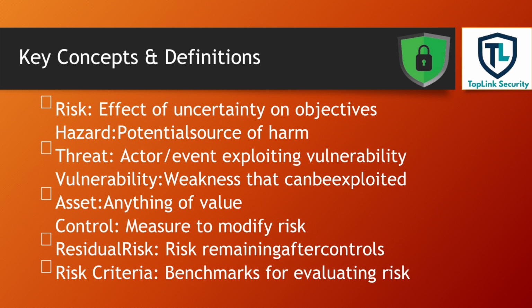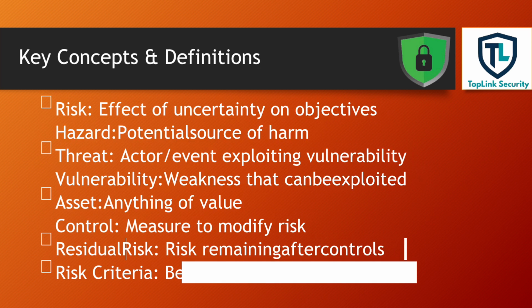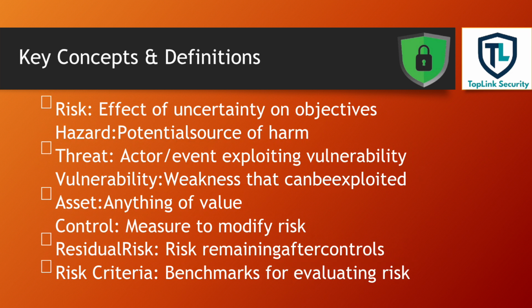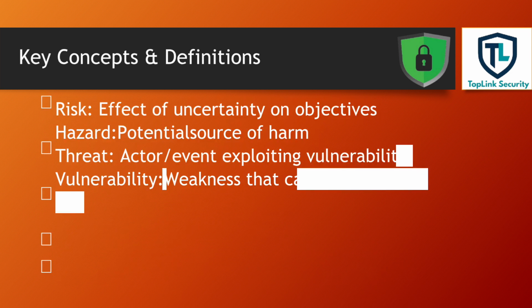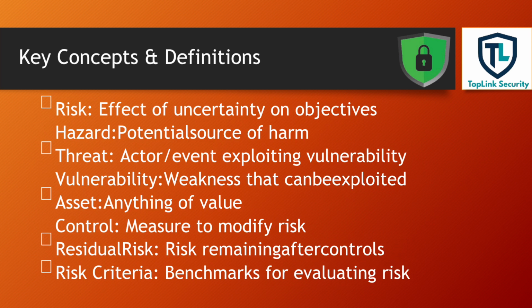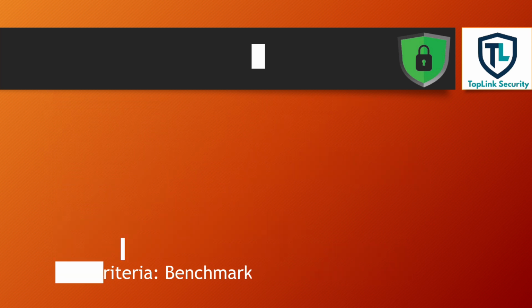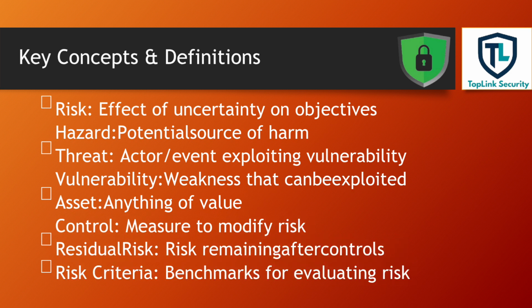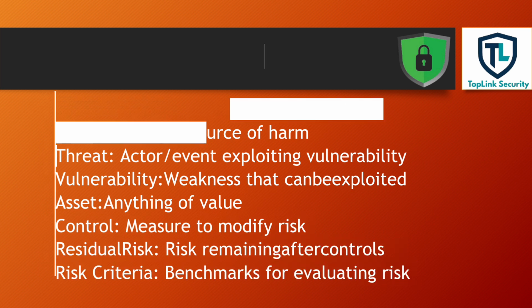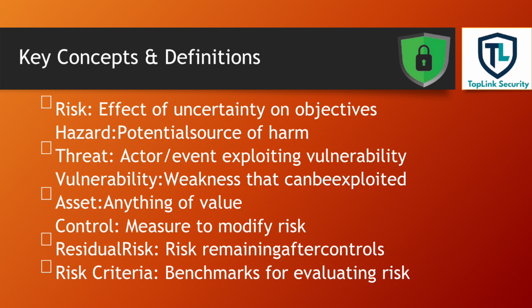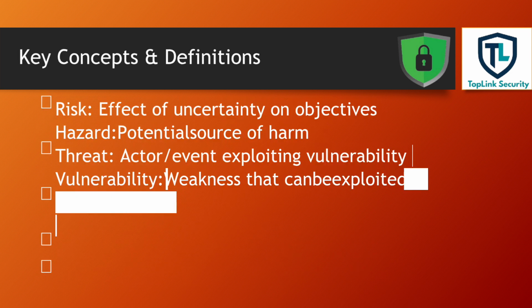Risk criteria is the benchmark or standard used to evaluate the significance of risk or measure the degree of risk. This can be a qualitative or quantitative standard. Qualitative is arrived at through interviews. Quantitative is arrived at through data.